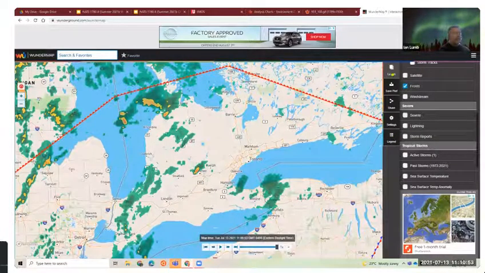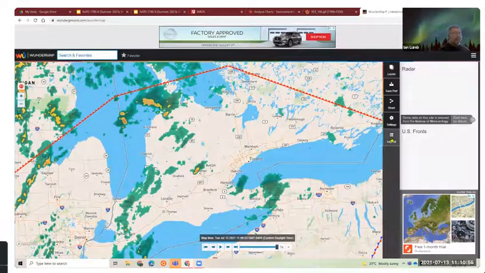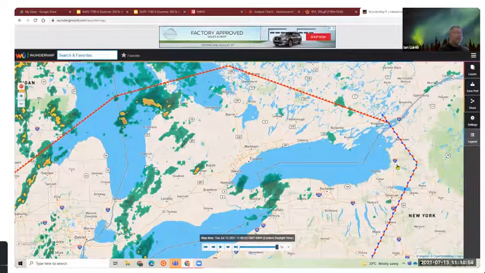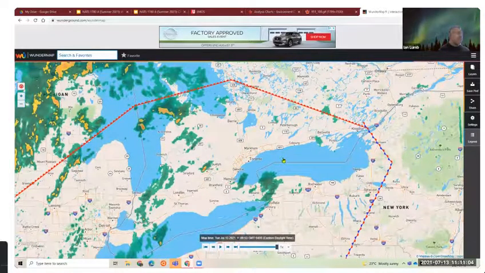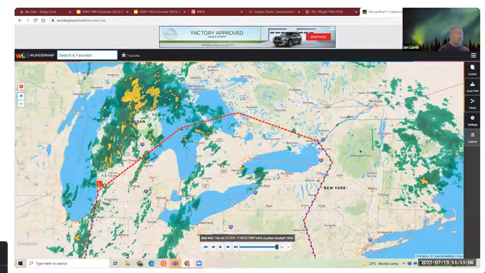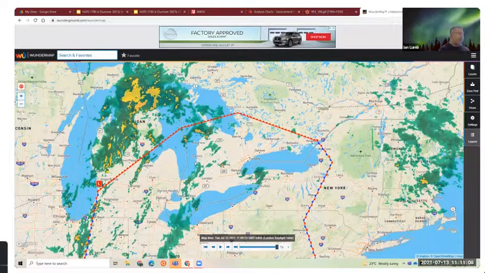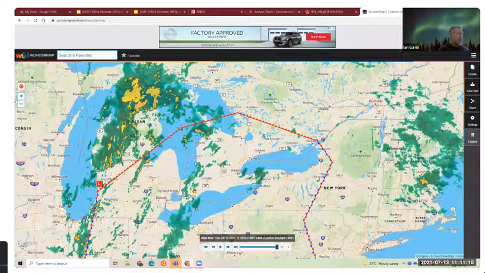let's see if we can get rid of, there we go, managed to get rid of it. And then I want to zoom out a bit here. So this is, of course, a whole lot easier to understand. Here's Toronto. This is a warm front here, and as I said, we're getting some interesting precipitation.